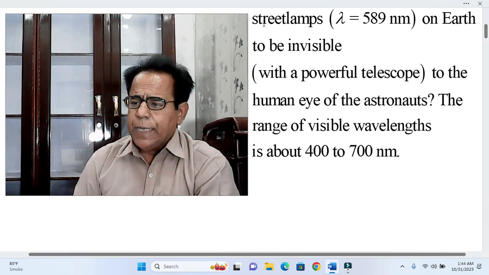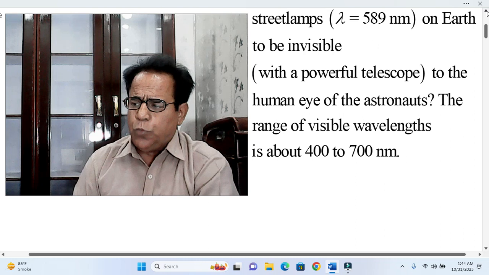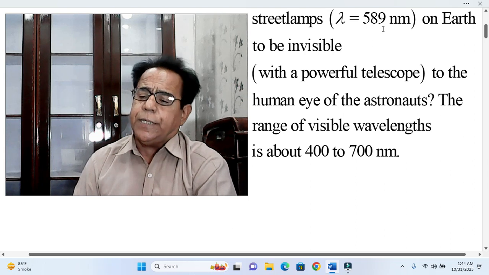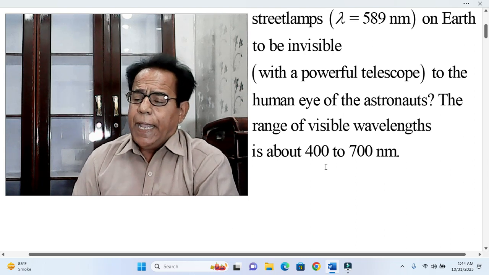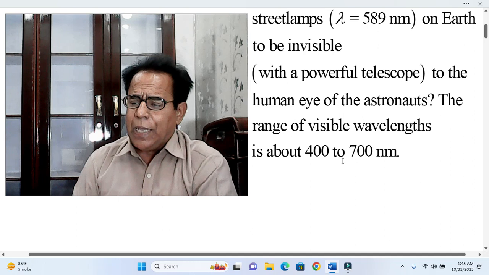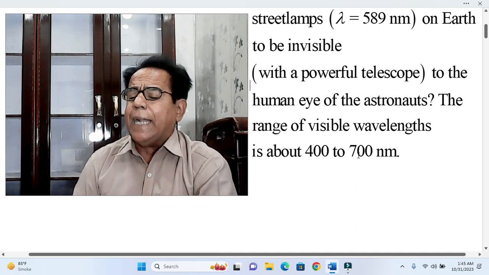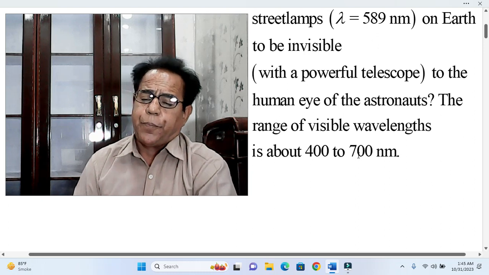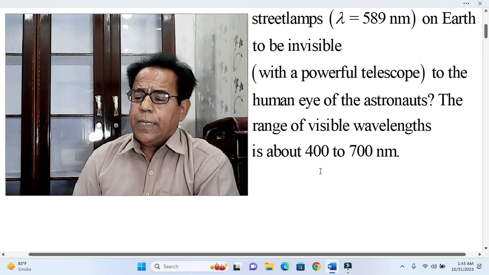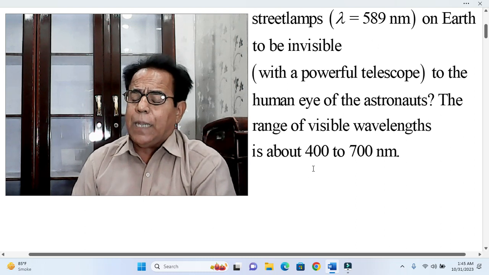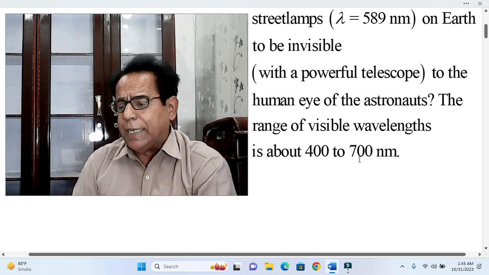Okay, dear students, here two wavelengths we have to choose. One wavelength is this, lambda equal to 589 nanometer, and the second wavelength we will choose this 700 because it is at the extreme position. It is given that the range of visible wavelengths is about 400 to 700 nanometers.